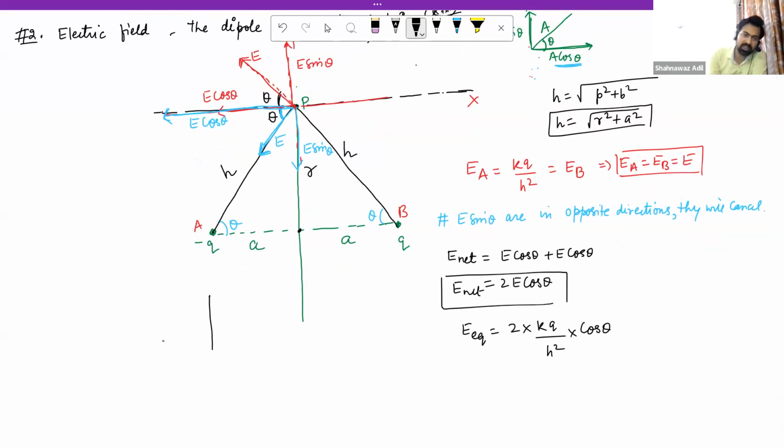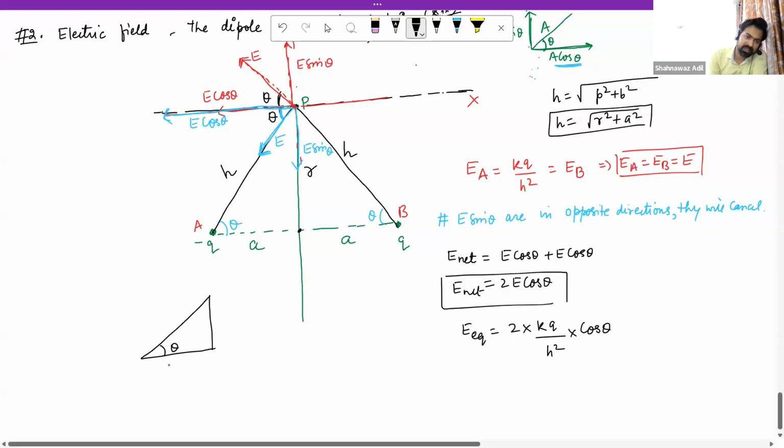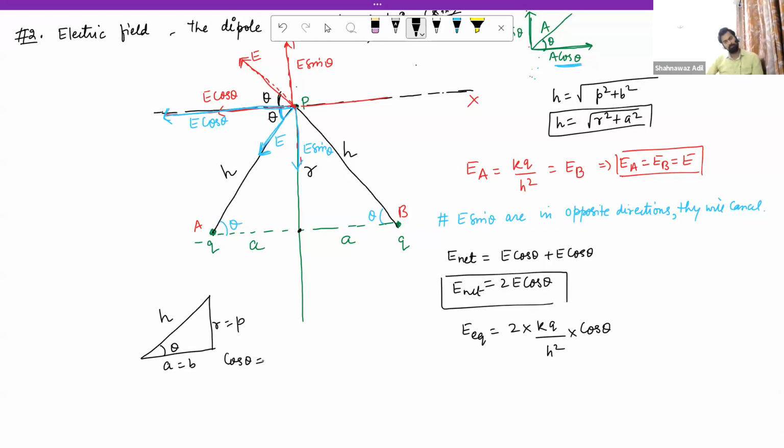This is theta. This is base, which is A. This is R, which is perpendicular. This is hypotenuse. So what would be cos theta? Can you tell me?